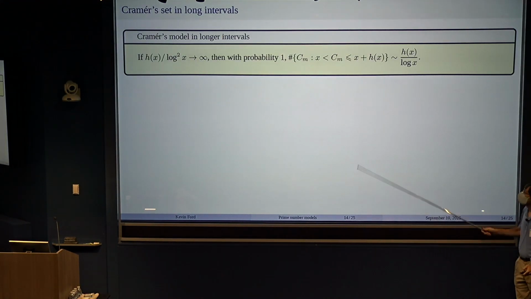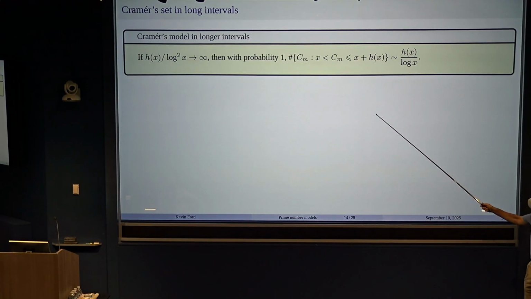What about what happens in what I call long intervals? By long, I mean larger than log squared x. So this is a restatement of what I had on a previous slide.